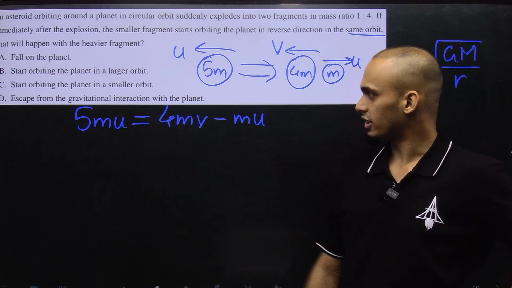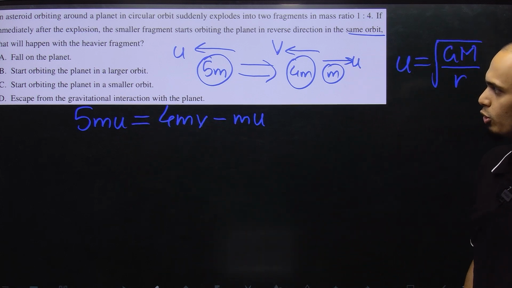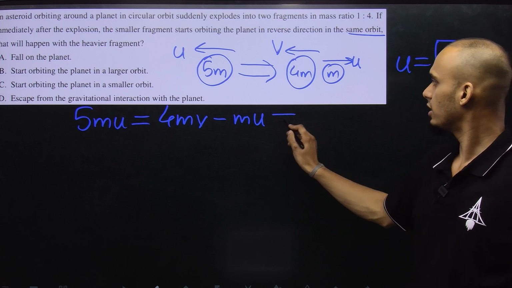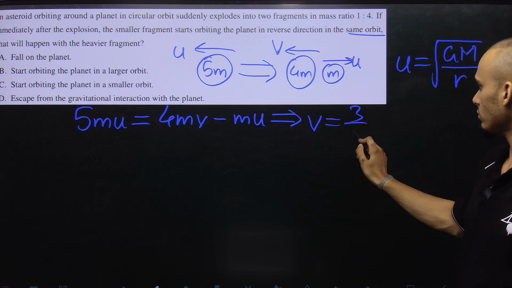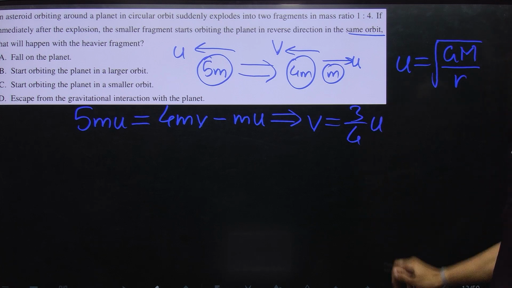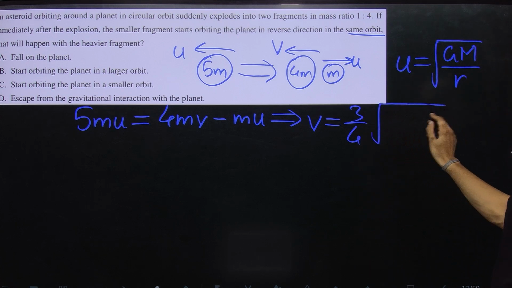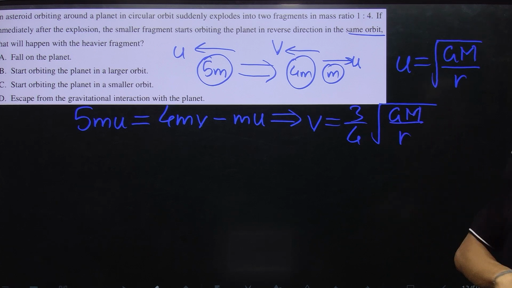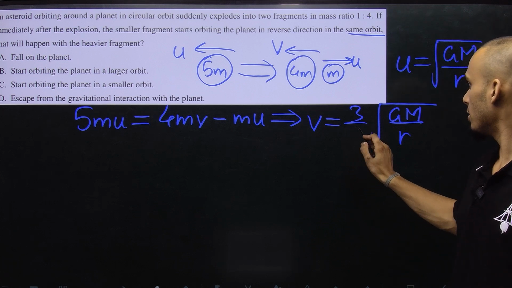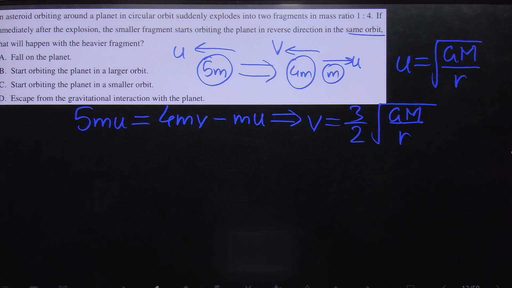Taking m to the other side, we get the value of v to be 3 by 2 into u, that is 3 by 2 into the square root of GM over r. This is the speed of the 4m block after the explosion happens.